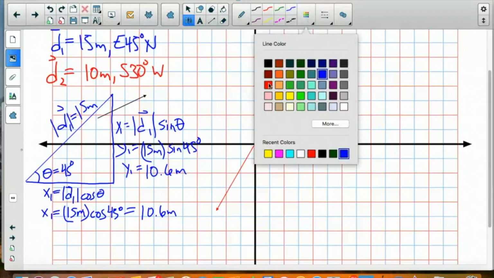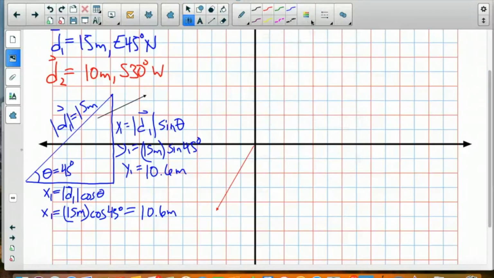So, what do we have? We need to know what this length is, and we need to know what this length is. And we know that this here is the angle that we care about, and this is the length of D2 right here. Okay, so in this case, this is y2, and this is x2.